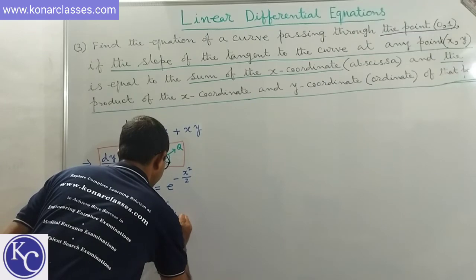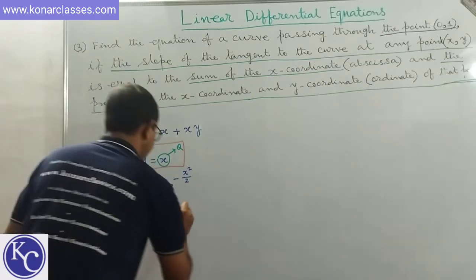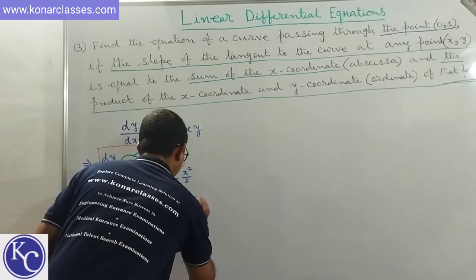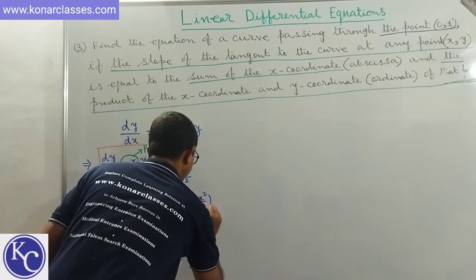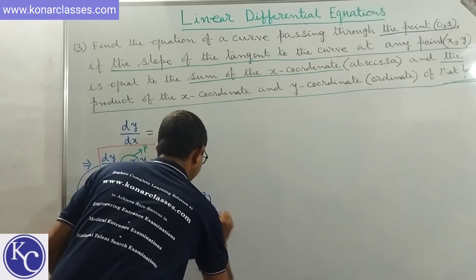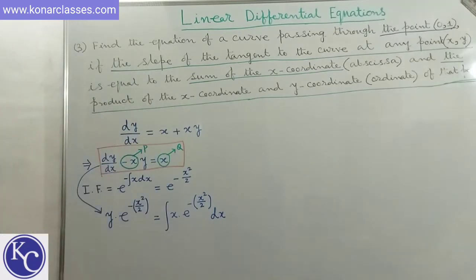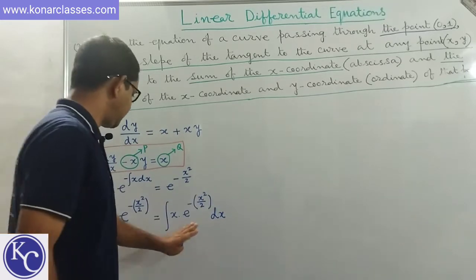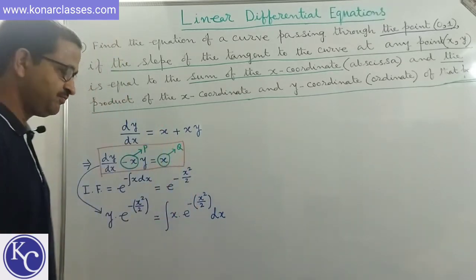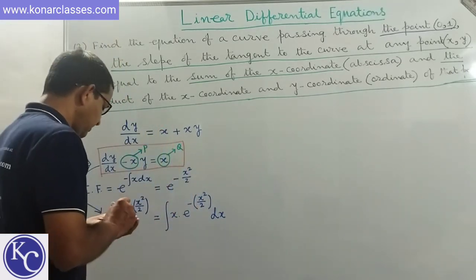Q is x into the integrating factor e power minus x square by 2 dx. Now all you need to do is find the value of this integration, and after that we will get the solution. So how to do this thing?